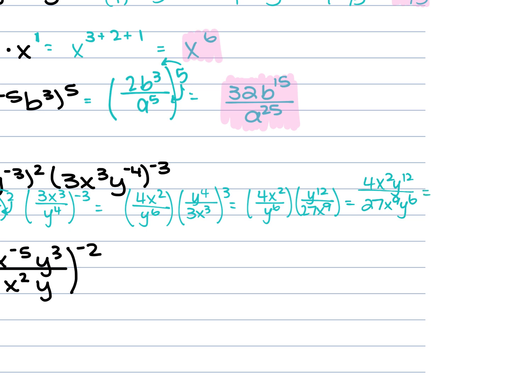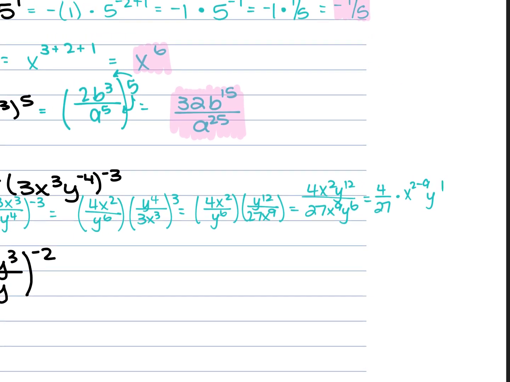You need to simplify this. The 4 and the 27 do not share a common factor other than 1. So keep it 4 over 27. Your x squared over x to the 9th, you're going to subtract those powers. Same thing with the y to the 12th over y to the 6th. Subtract those powers.